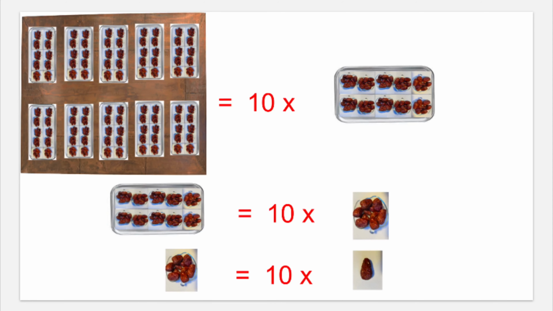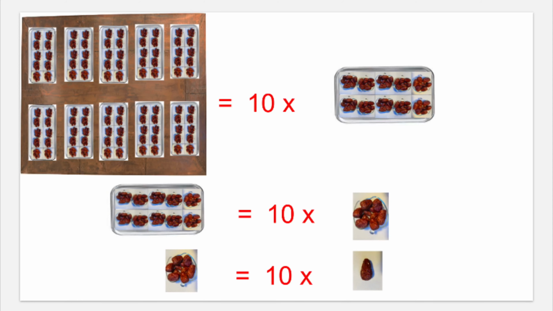I brought that picture here. If you see, that is for the ones, the dates on the ground. After 10 we put them in the balls, and each ball contains 10 dates, and 10 balls we put in a tray that shows the hundreds.